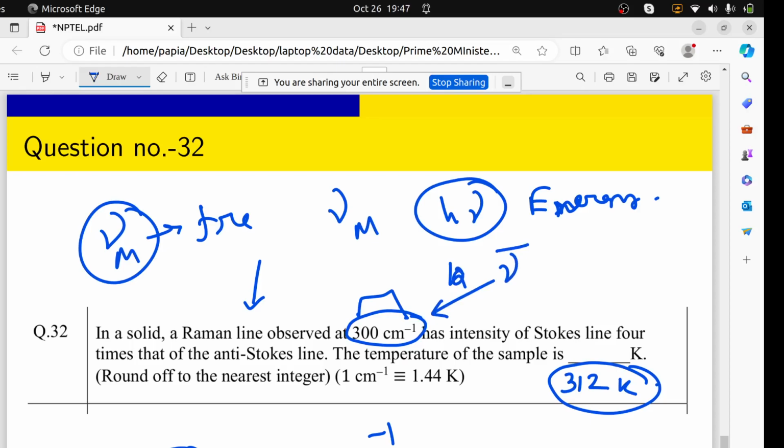So that means we are talking about nu bar, and nu bar is what? If I write here, energy equals h nu, which is nothing but h c nu bar.